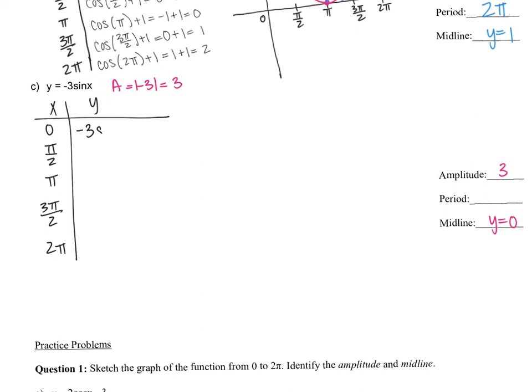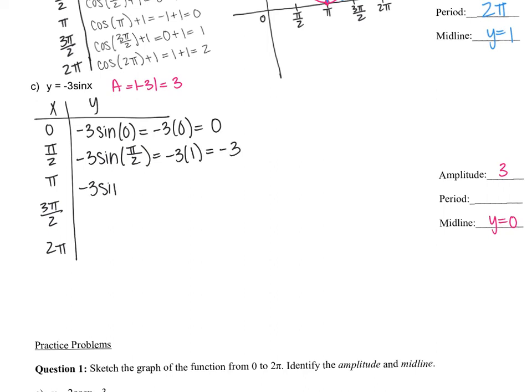This will be negative sine of 0. Sine of 0 is just 0, so that's going to be 0 when I multiply it by -3. Sine of pi over 2 is where the y value is +1, so that's -3 times 1, which is -3.